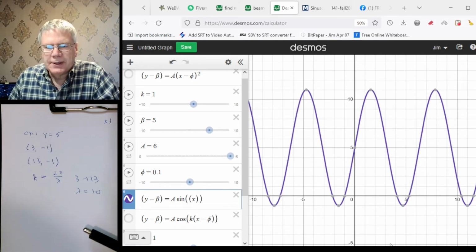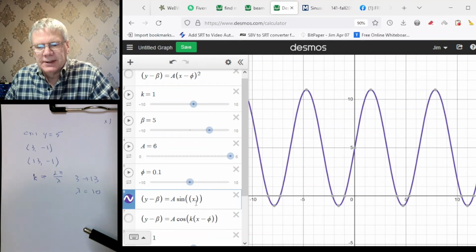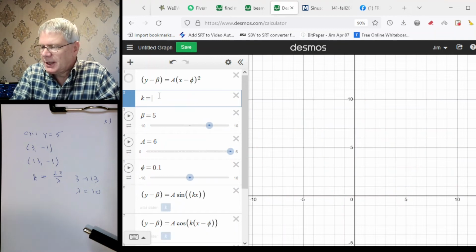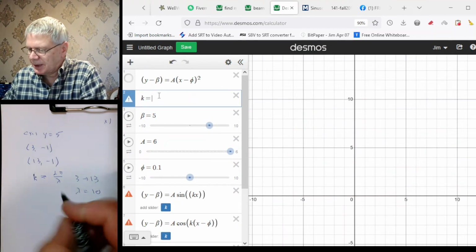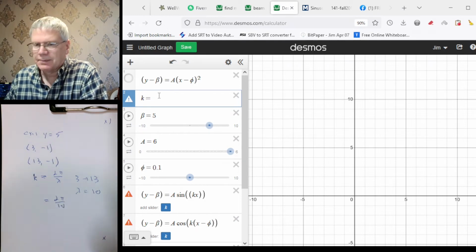So I'm going to put in, and this is unique to waves, this didn't correspond directly to anything with the parabola. It does correspond to stretching it, but you have to learn about the wave number. So k is going to be 2 pi over 10, or pi over 5.